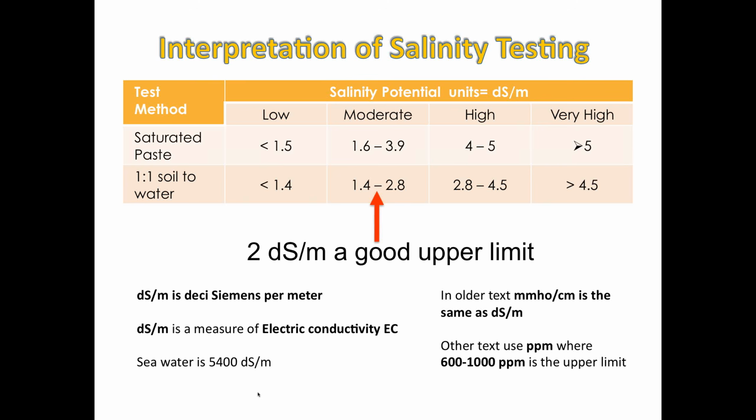It's millimhos per centimeter, and it's the same number as dS/m. They just changed the title of it to protect the innocent, I think. And then finally, some of your really old texts will use parts per million, where about 600 to 1,000 is a good upper limit, but you certainly can go to 2,000 on many plants and be okay with the salt.